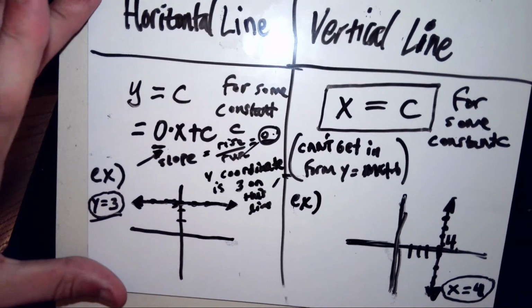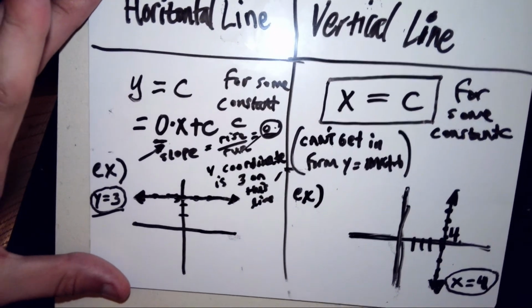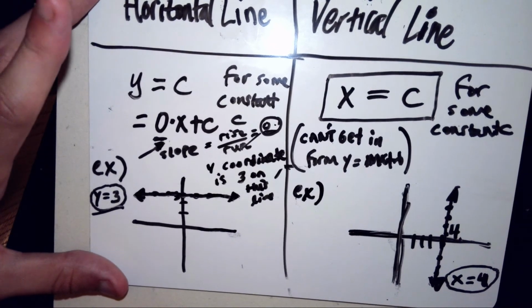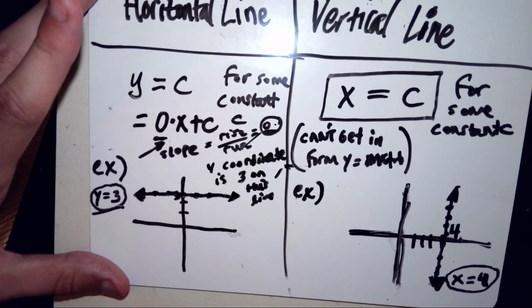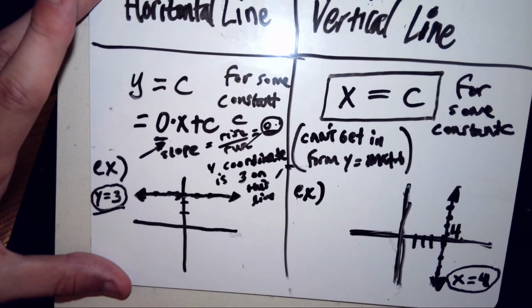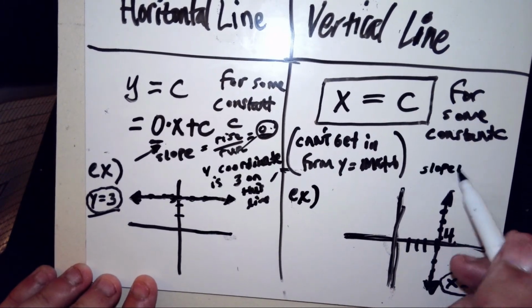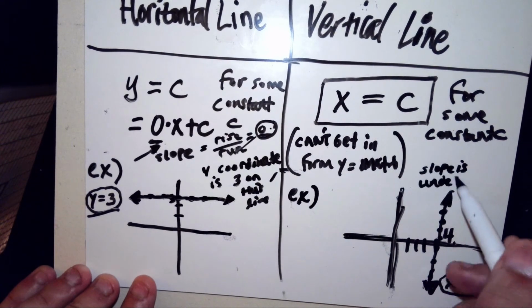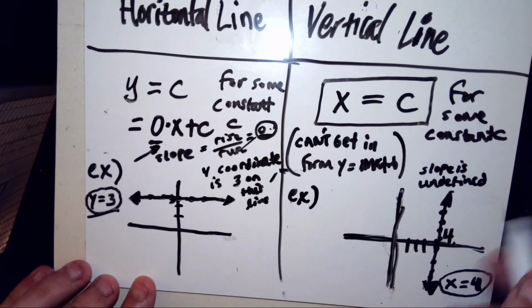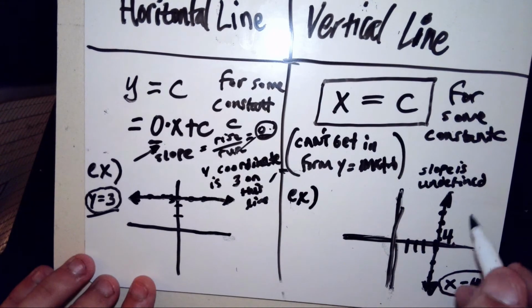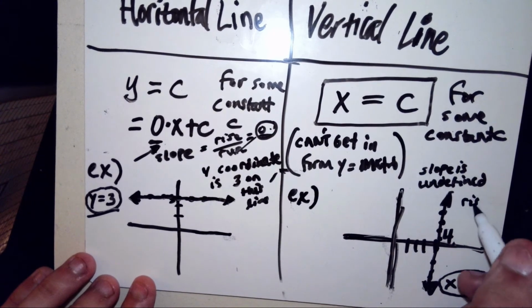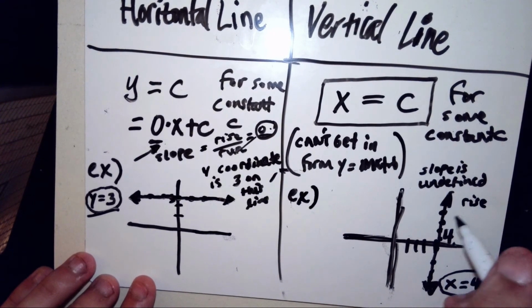So that's it for this video. We graphed a horizontal and a vertical line, and we justified why their equations are what they are. And I guess the only thing left to note is that in this instance, the slope of this line is undefined. And that's because if we think about rise over run here, the rise is whatever you want it to be.